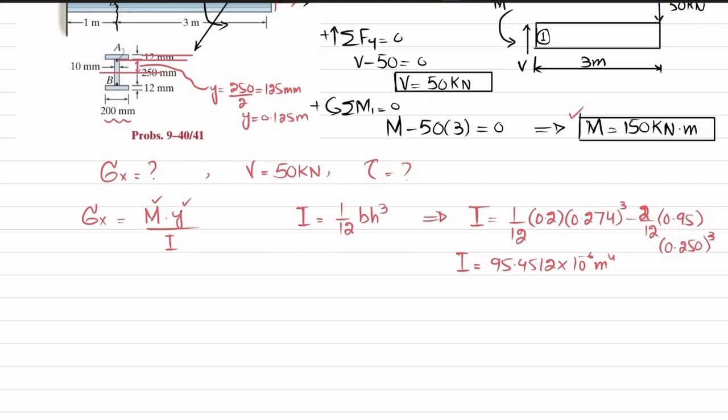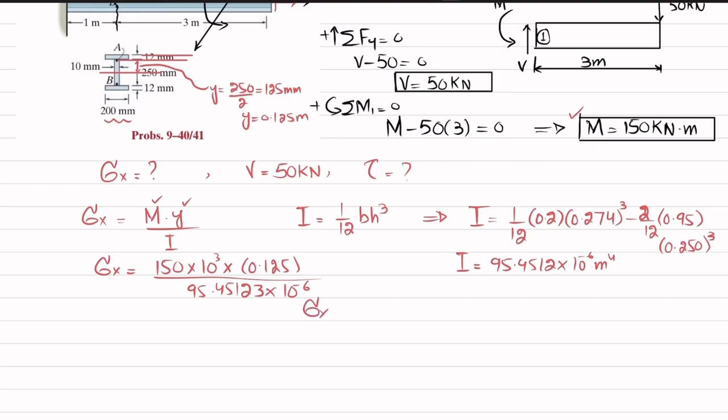Now you have all these things, so you can find this sigma x. So sigma x is equal to moment, which is equal to 150 kilonewton meter, so kilonewton will be converted into newton, into y, which is 0.125, divided by I, which is equal to 95.4512 into 10 raised to power minus 6.